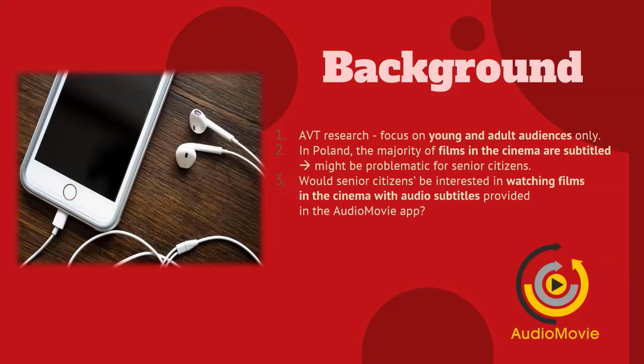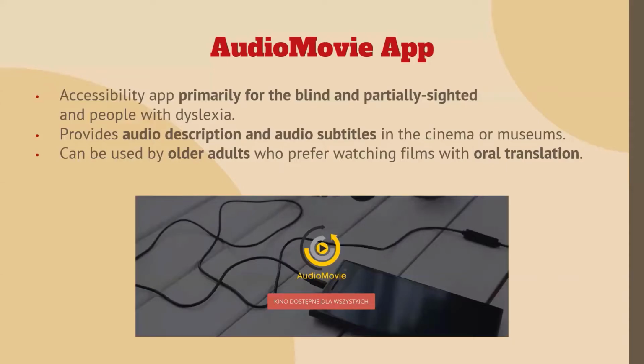And so what we wanted to see is whether an accessibility application, in this case, audio movie that Agnieszka mentioned at the beginning, might be useful to older adults in the cinema. And we're interested in finding out whether that would be helpful.